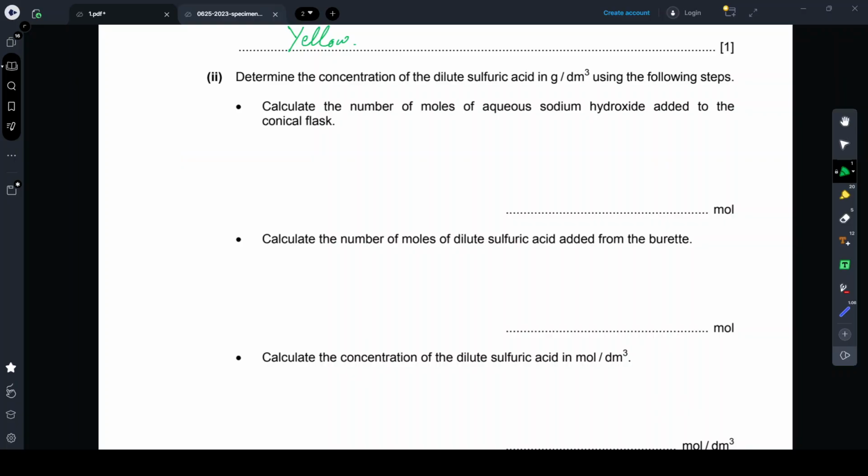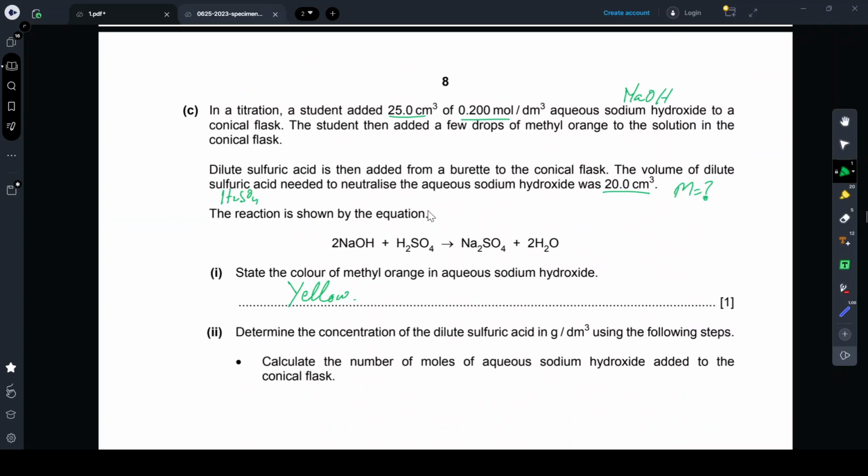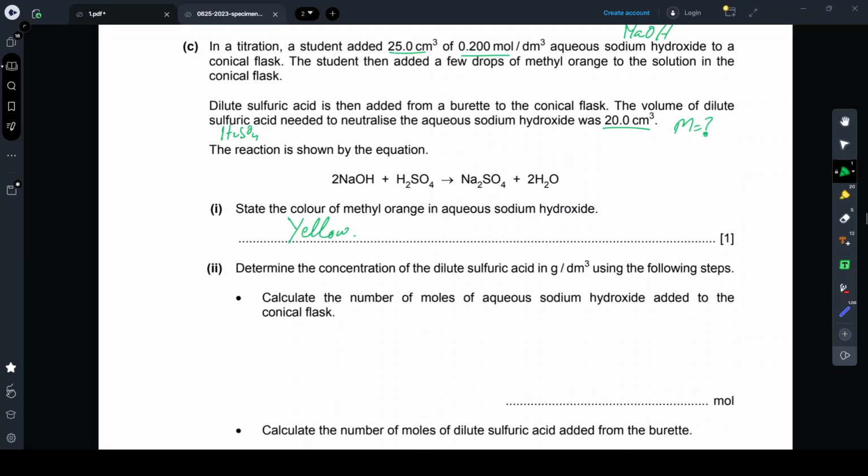All right, so you have aqueous sodium hydroxide, 25 centimeter cube and 0.2 moles per decimeter cube. So 25 centimeter cube is how many decimeter cube? 0.025. And you have 0.200 moles per decimeter cube. So how many moles do you have? Volume into concentration? Yes.